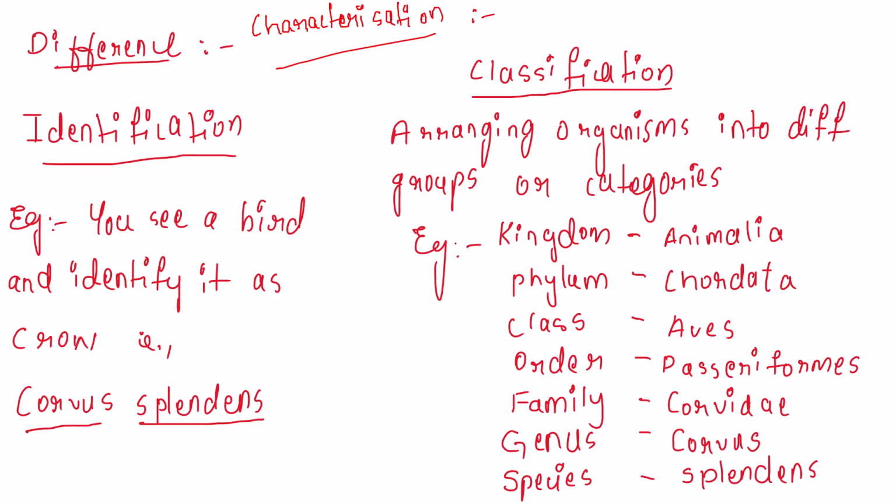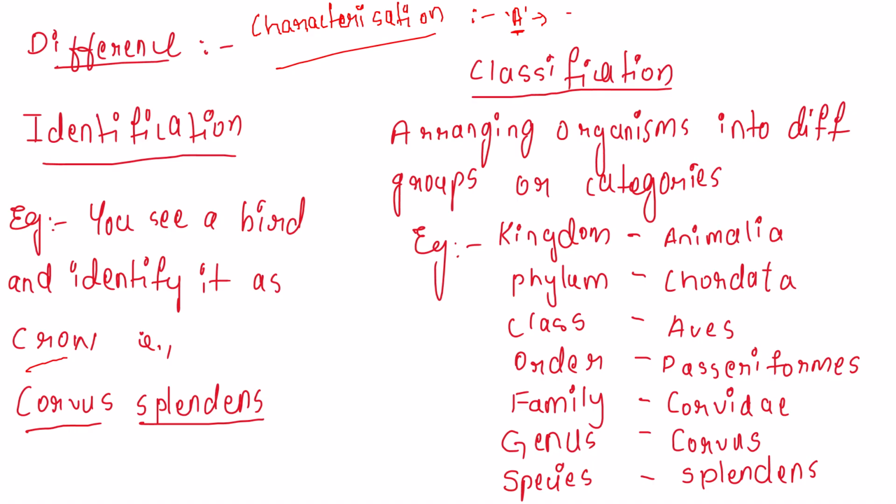For example, let's say we've seen a species A, or an organism A, and we will see some of the observable characters of that organism. Let's take an example of a crow. Let's consider this organism A which we are seeing here is a crow. So what exactly will we define?